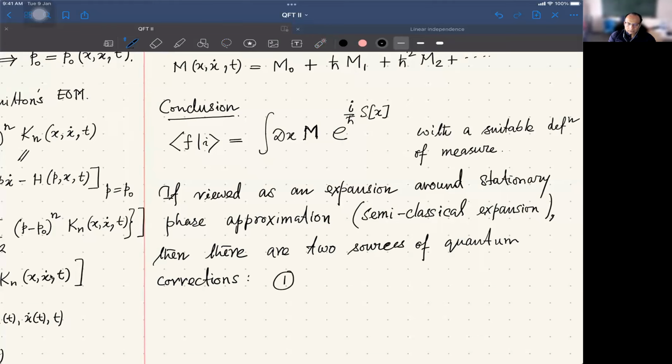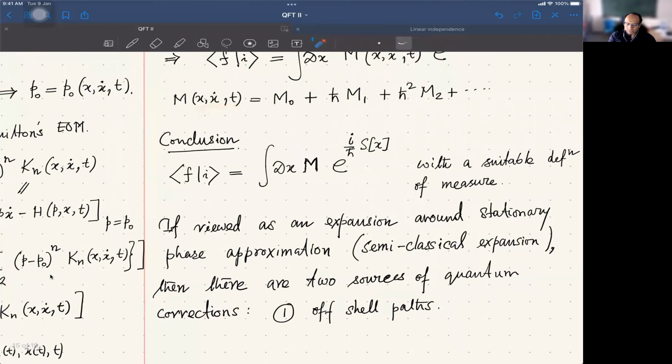One is off-shell paths. Off-shell paths means when you do a stationary phase approximation, as I explained earlier, for the classical path x bar, in the leading order only that contribution will survive, and m will also be calculated only for classical paths like x bar, because m is a function of x dot and t. So the leading order contribution will be this phase calculated for a classical path x bar, and m calculated for x bar. That will be the leading order contribution.